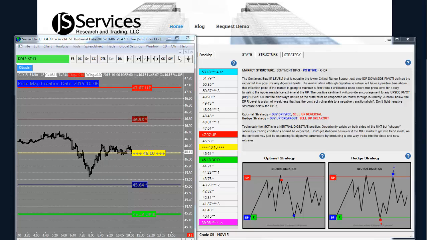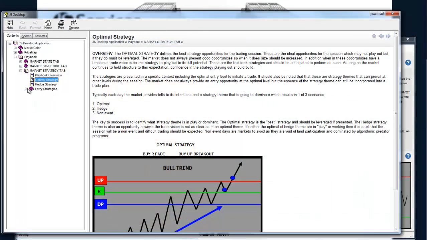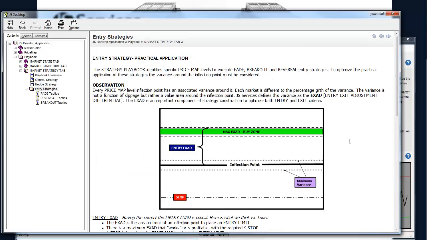An important thing to be aware of is the variance around an inflection point, and if we look at any level, there's always a sweet spot around that inflection point. We call it our entry-exit adjustment differential, and you have a variance and what we call an alert distance.